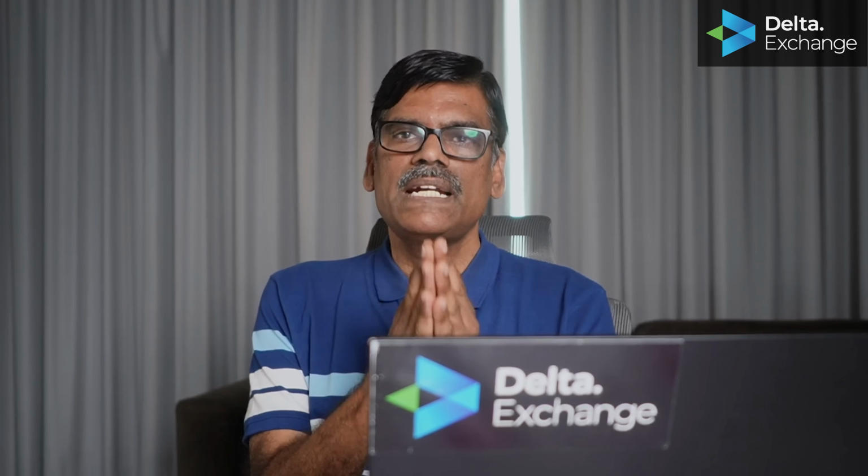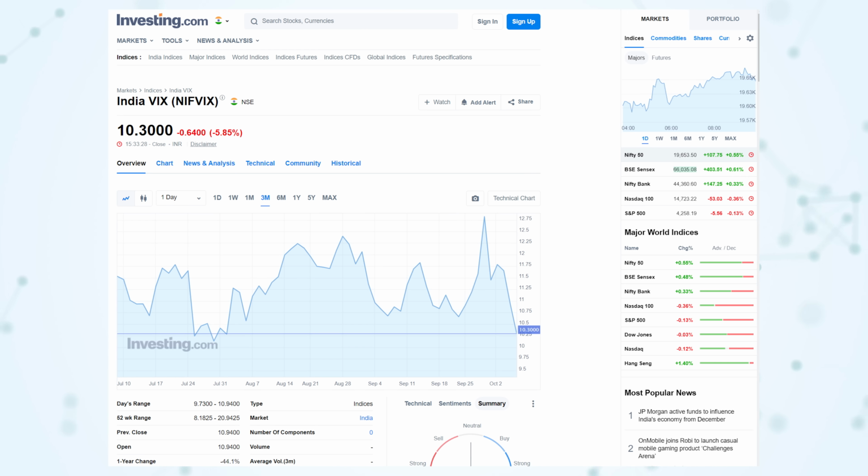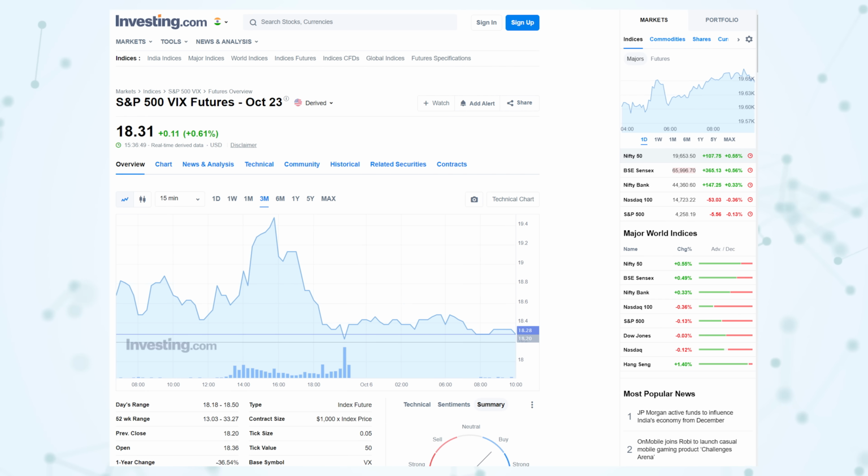The same way in the US, the volatility index. The volatility index is just a number, calculated based on the movement of option prices. Just like Nifty 50 is a number, US VIX is a number. Just like Nifty 50 future is trading in India, the same way US VIX future is also trading in the US.